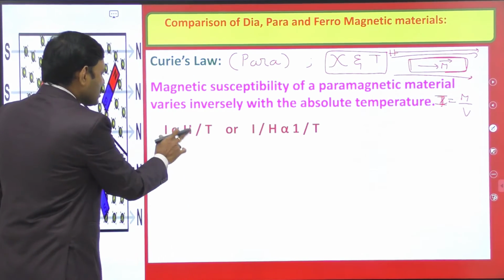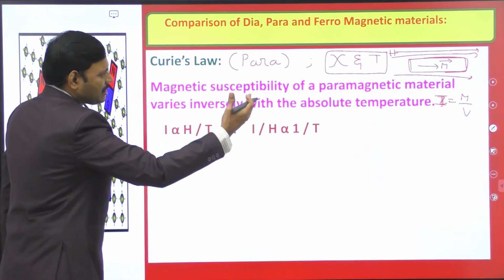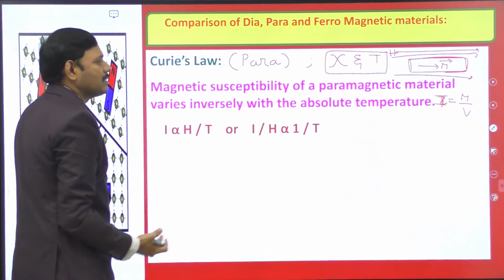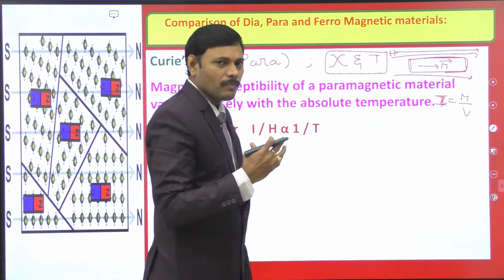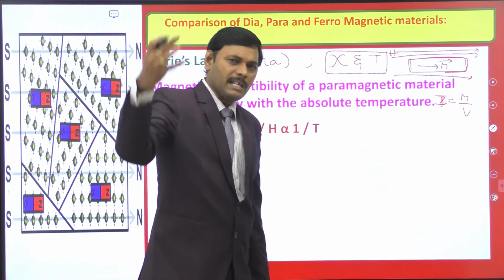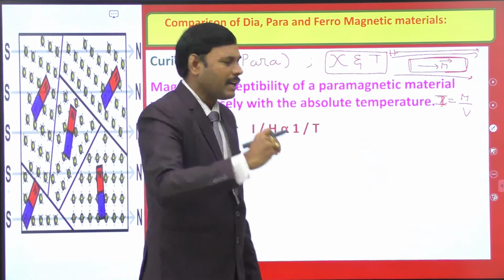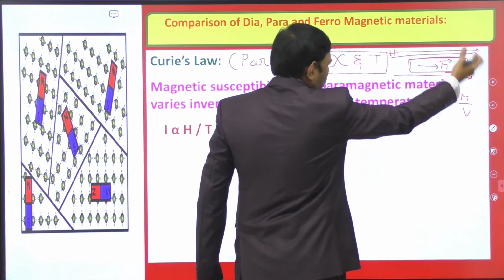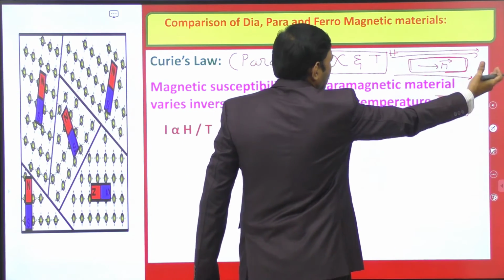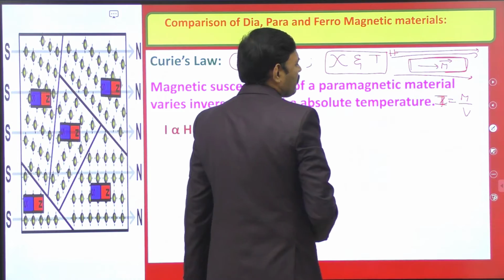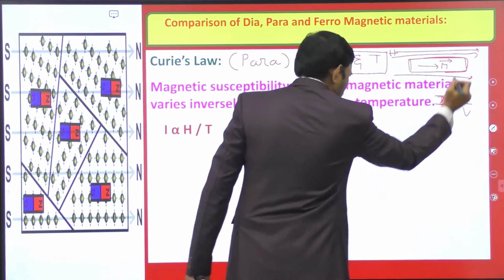So I is proportional to H. As H increases, I also increases. When you increase the applied magnetizing field on a paramagnetic material, the orientation of atoms along the direction of the applied magnetic field increases. So H increases, M increases, I increases.